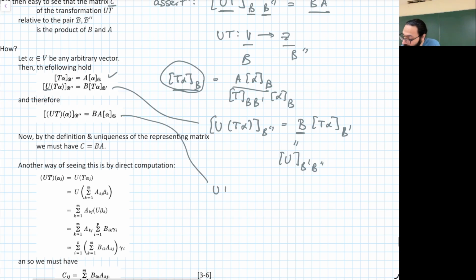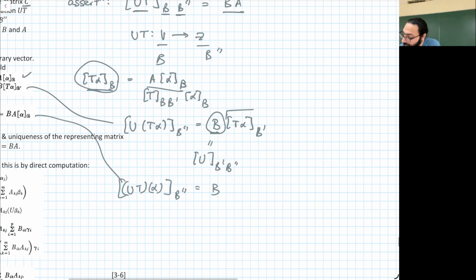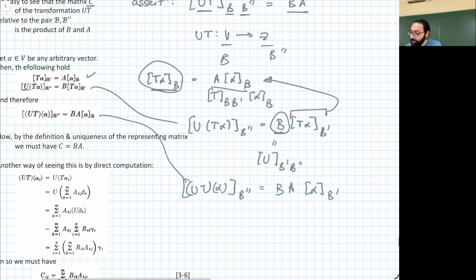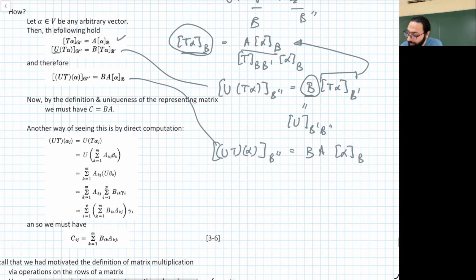So we have UT acting on alpha with B double prime is going to be B, and then you substitute for T alpha using this equation, and you get BA acting on alpha_B. Is this okay? It's very straightforward. There's nothing very complicated happening there.